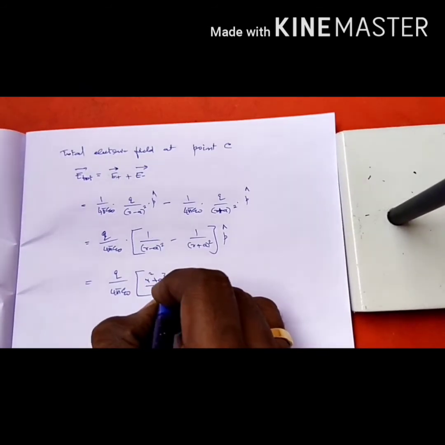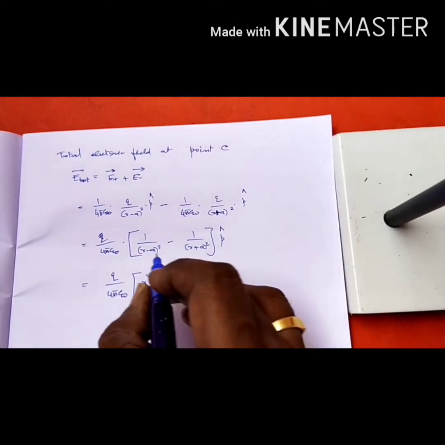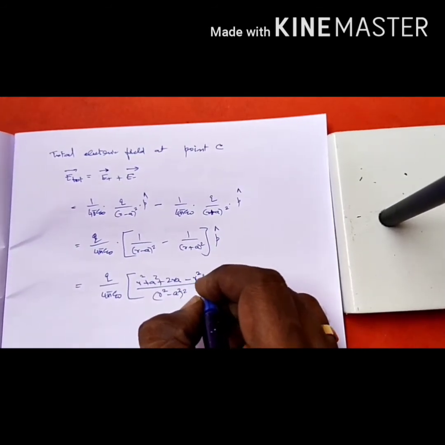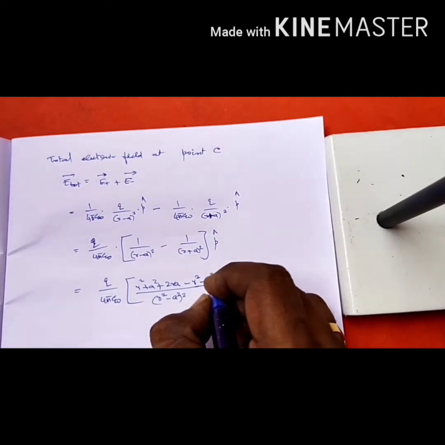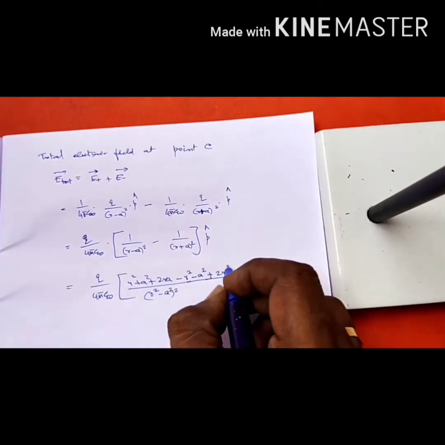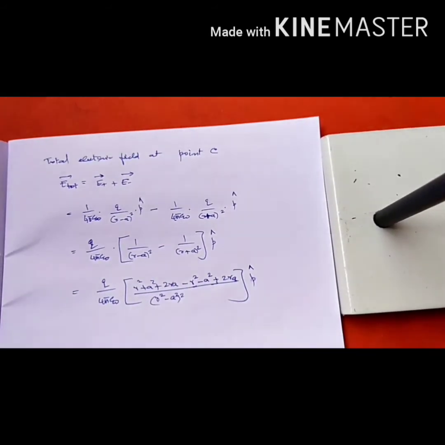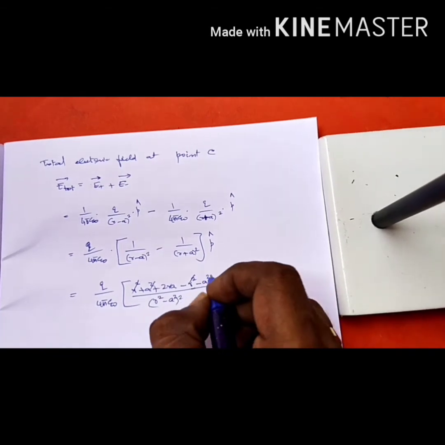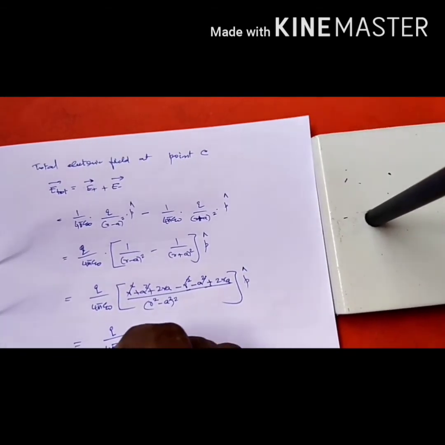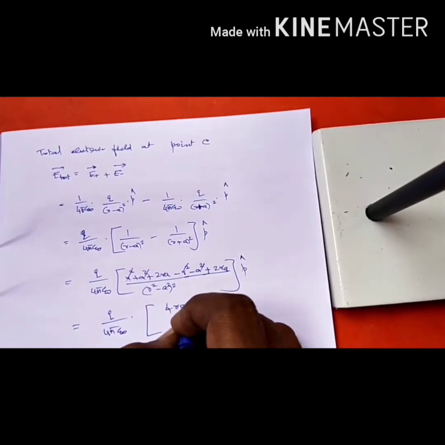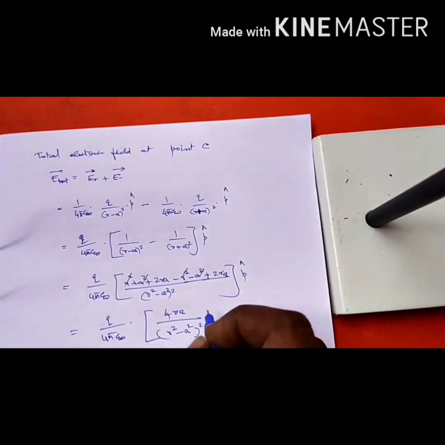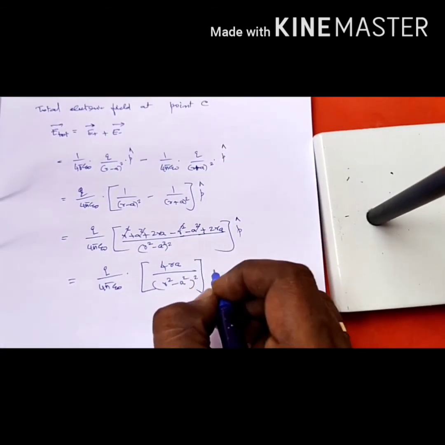Now we expand r plus a the whole square, r square plus a square plus 2ra. Expand r minus a whole square, that is minus r square minus a square plus 2ra. Cancel the terms. So q by 4 pi epsilon naught into 4ra divided by r square minus a square whole square into p cap.